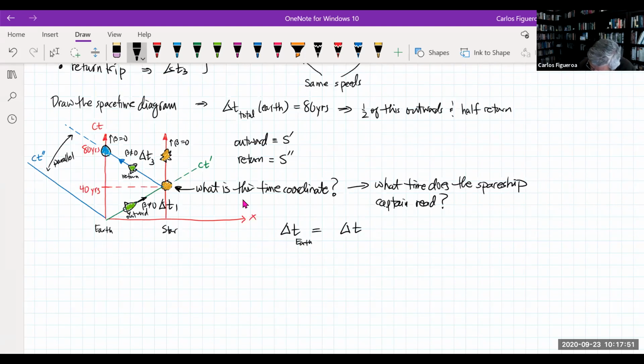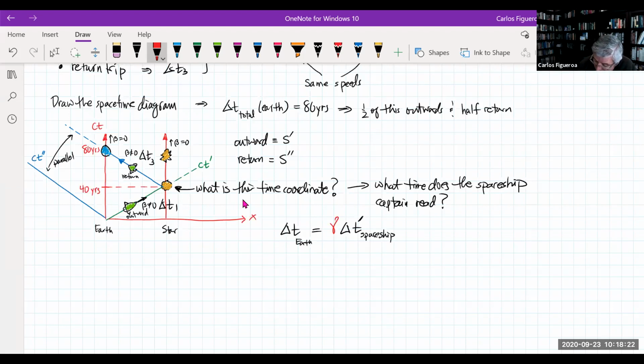So that means that in this spaceship frame, which I'm calling prime, I'm going to put my gamma where it's appropriate. It's got to be right here. I could have put it on the other side, depending on which frame I'm talking about, but from the frame of the Earth, it's the rocket that is moving, and it is the rocket that has the time dilated time.